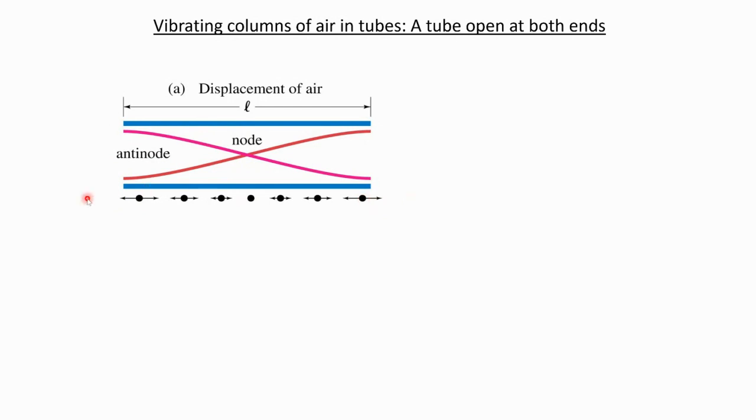So this one moves to the right, that one moves to the left, and then when this one has moved into the tube, this one is also moving into the tube. So in that sense, the motion of this molecule at this end and the motion of that molecule on this end is out of phase, right? They both move out of the tube and into the tube at the same time. Is that sufficiently clear? I hope that's clear.